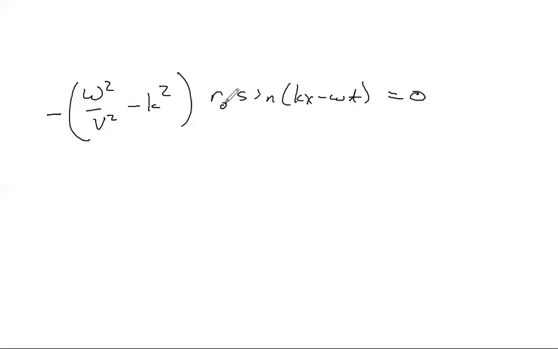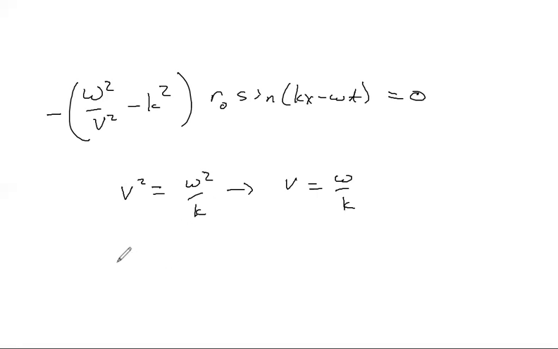R naught can't be 0, because if it was 0, the whole solution is 0. And so we must have that the speed of the wave squared equals omega squared over k squared. Or turning around, you could say v equals omega over k. So we learned that you can't have just any angular frequency and any wave number. The ratio of the two is constrained to be related to the velocity, or the speed.